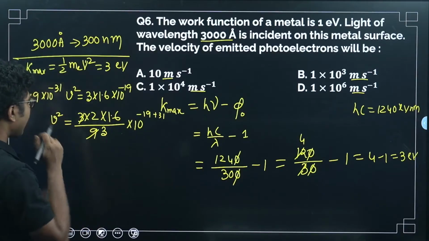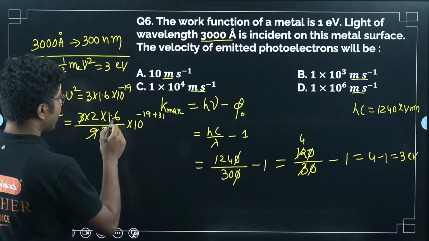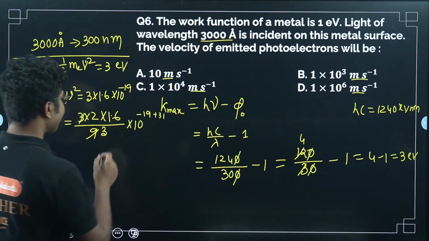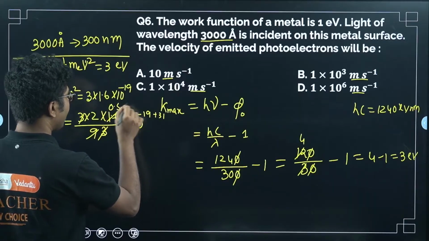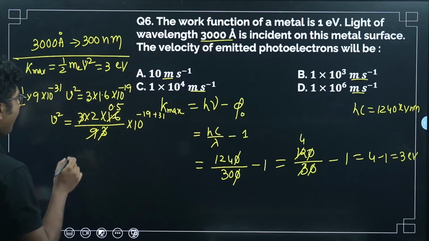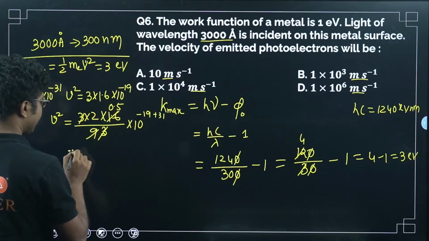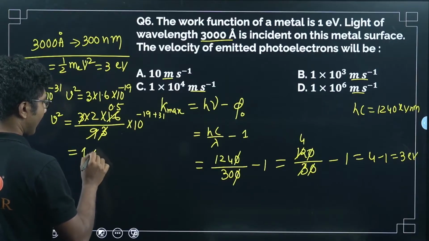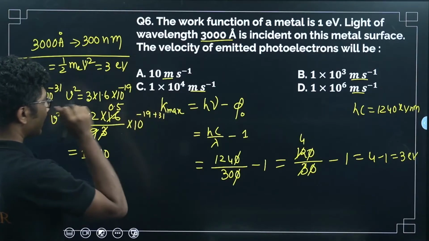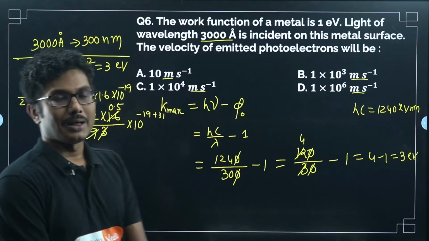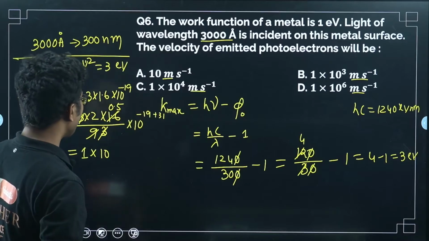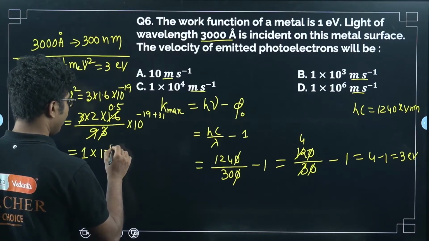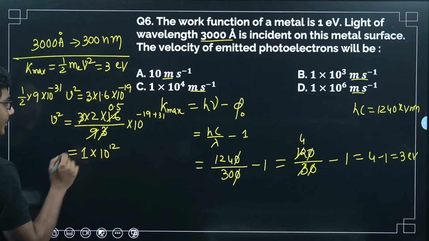And what else we can do? If you assume this 1.5, then we can simplify this as well, 0.5. So 0.5 into 2 is 1 times 10 to the power of, what is the value? 31 minus 19. So it will be 12, 10 to the power of 12. So v square is 10 to the power of 12.